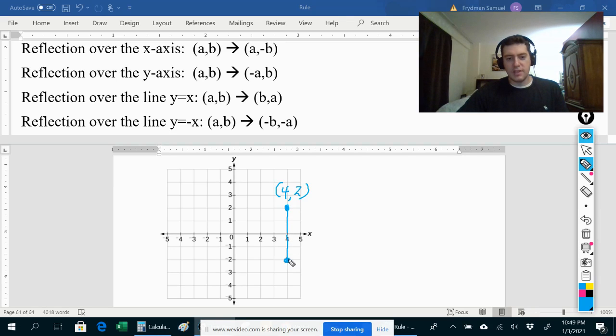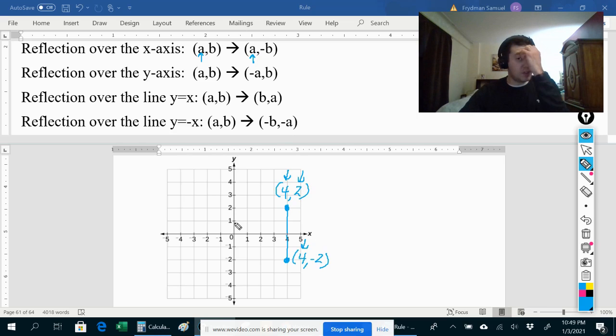You can see that this is the point 4, negative 2. So the x-coordinate stayed the same, it's still a, but the y-coordinate, which was 2 originally, is now negative 2. b went to negative b, 2 went to negative 2.